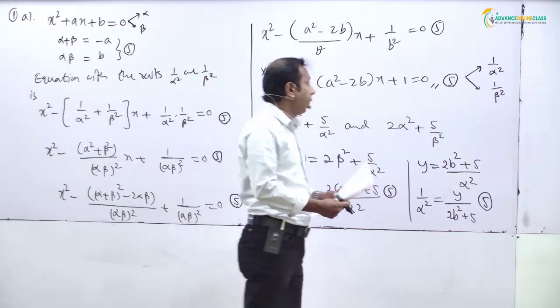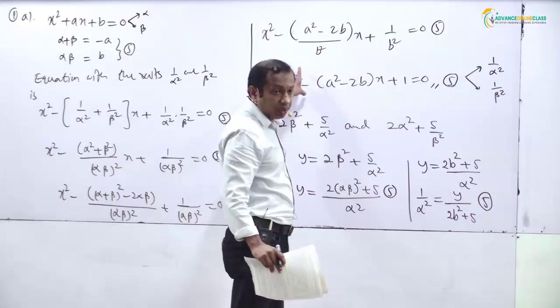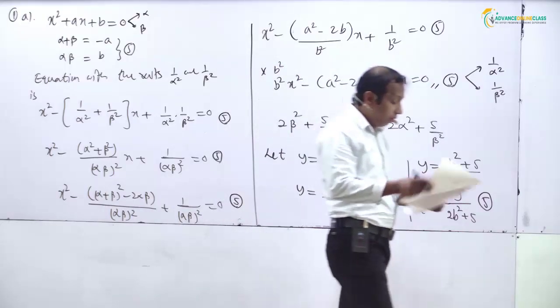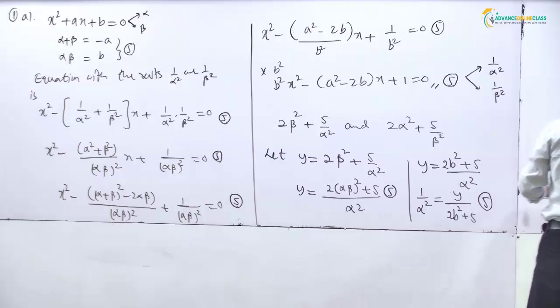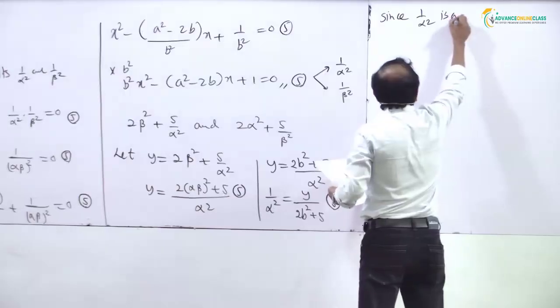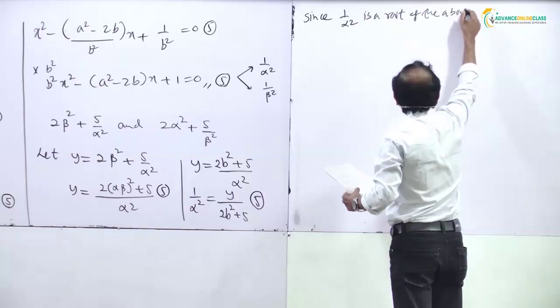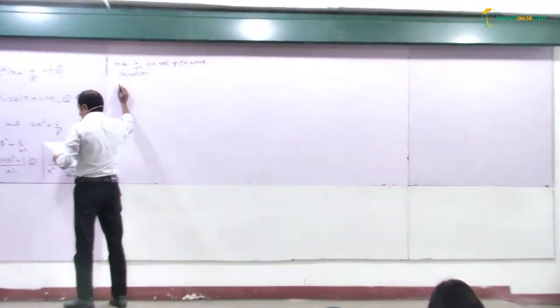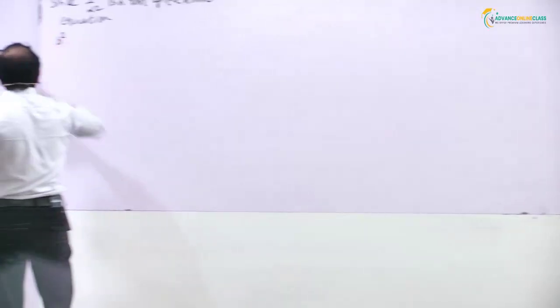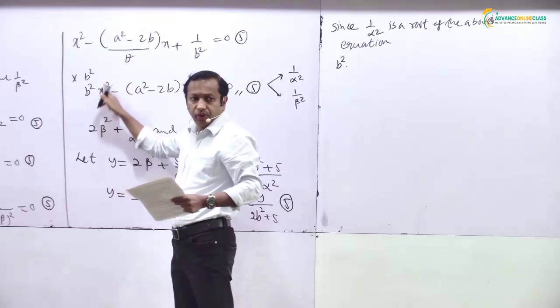Okay, now 1 over alpha squared is a root of this. Therefore, 1 over alpha squared should satisfy this equation, no? Then we can substitute that. Since 1 over alpha squared is a root of the above equation, we can write b squared, and for this x we put 1 over alpha squared.